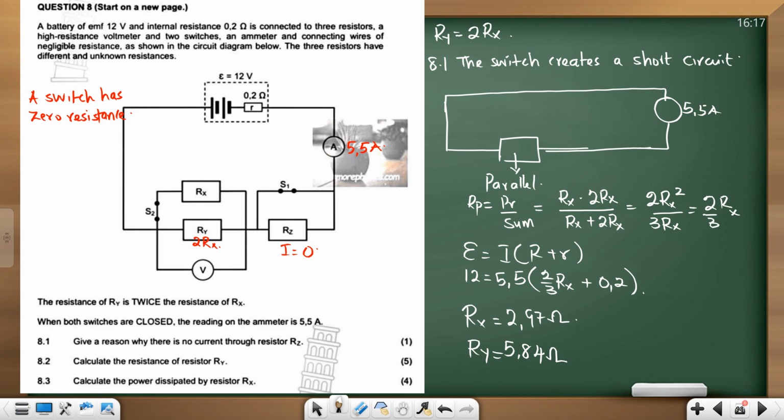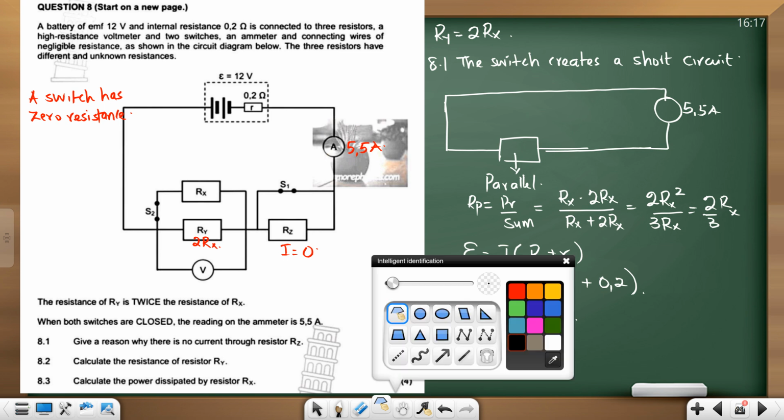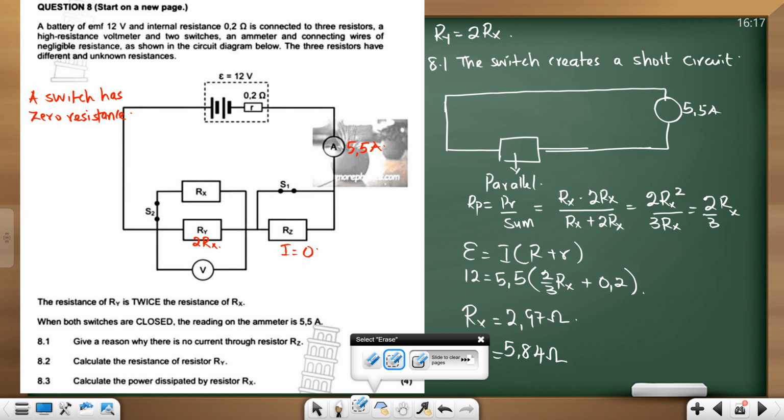Anybody lost? If you multiply what you got earlier on by 2, without breaking it down, Arifa, you have 5,95. Awesome. Thank you, Amara. Good.